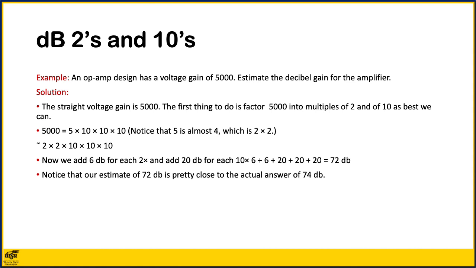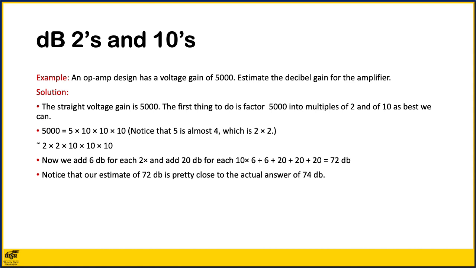The solution is: the straight voltage gain is 5,000. The first thing we do is factor 5,000 into multiples of 2 and 10 as best we can. So we note that 5,000 is 5 times 10 times 10 times 10. Also notice that 5 is almost 4, which is 2 times 2. So we could say it's equal to 2 times 2 times 10 times 10 times 10.